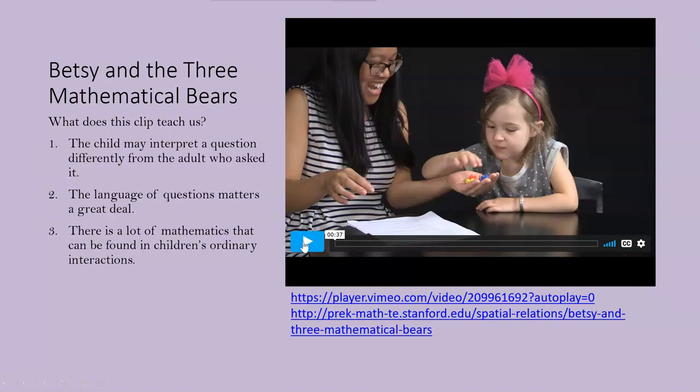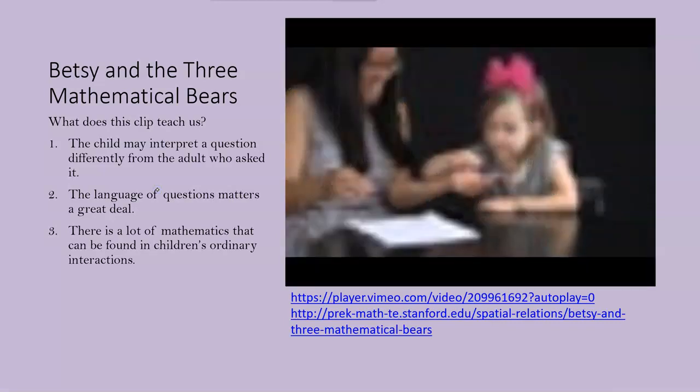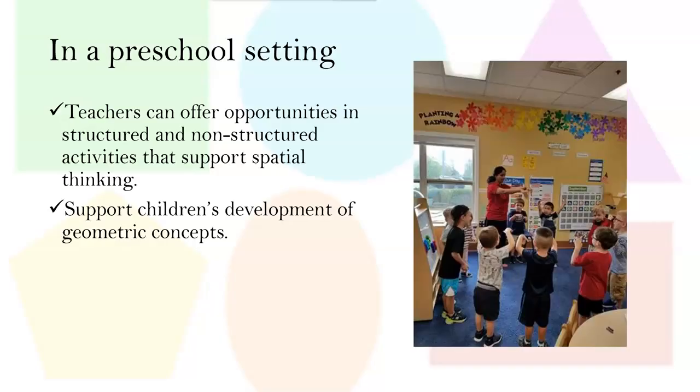The language of questions matters a great deal. Asking open-ended questions in this way is very important at this stage of development. This also shows us that there is a lot of mathematics throughout children's ordinary interactions and routines throughout the day.